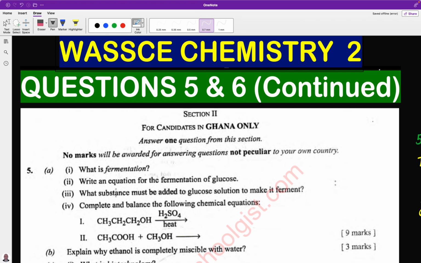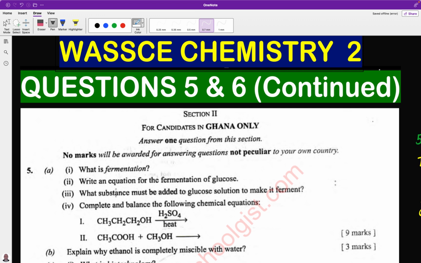So fermentation is a process by which carbohydrates are broken down by enzymes in yeast to produce glucose. The enzymes in the yeast will further catalyze the breakdown of the glucose to form ethanol and carbon dioxide.